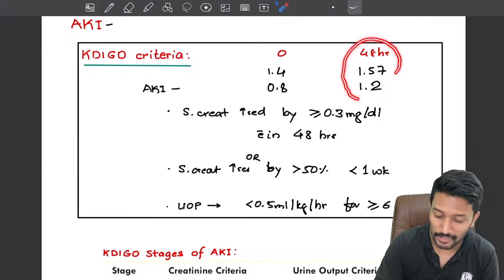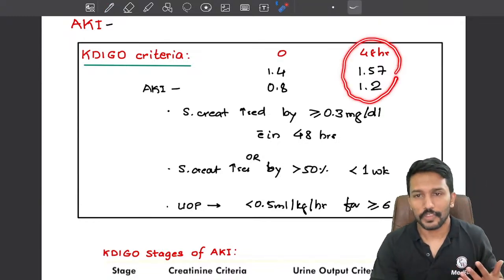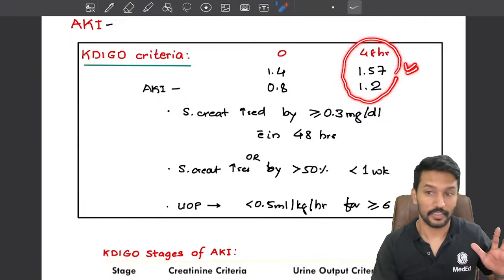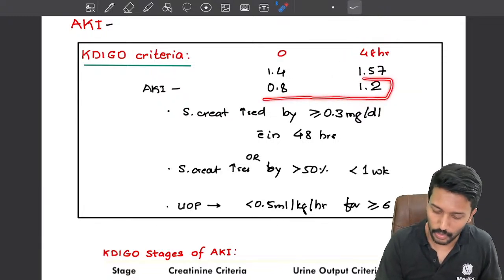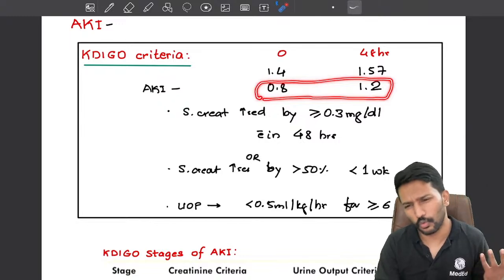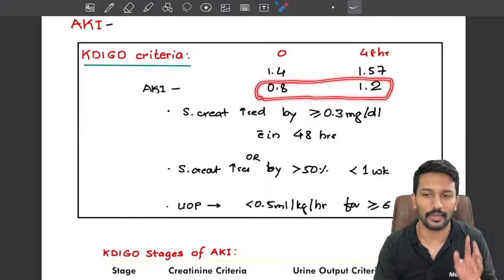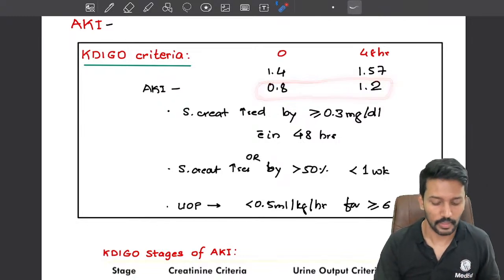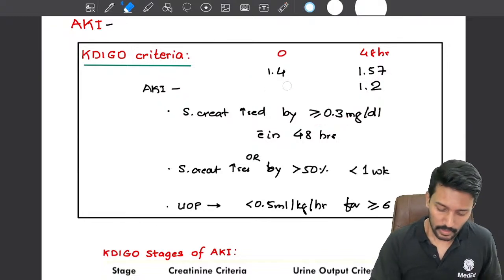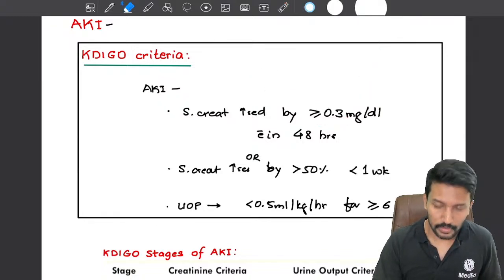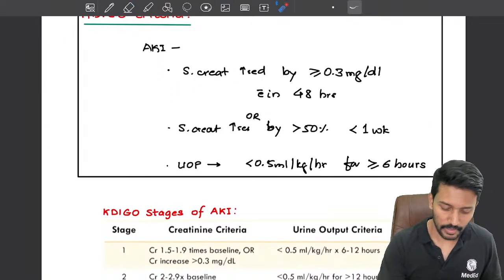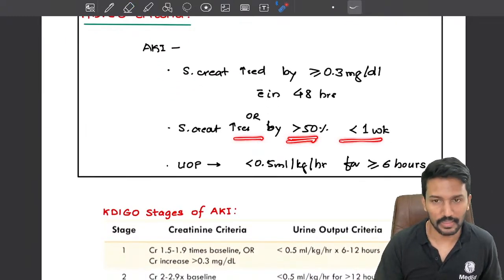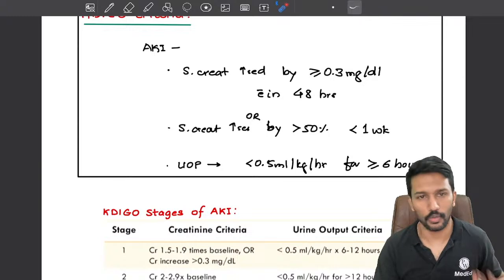When you see both these patients, all of us may think that, oh, 1.57 creatinine is high, this is a problematic case, and we may end up ignoring the other as not a problematic case, because okay, 1.2 is fine. So we have to understand that the definition is extremely important. A 0.3 milligram rise in creatinine within 48 hours qualifies to be called acute kidney injury, or if the serum creatinine increases by more than 50% within 1 week, it can be called acute kidney injury.